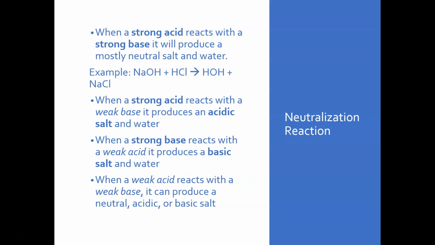When a strong base reacts with a weak acid, it's going to produce a basic salt, meaning your resulting solution is still going to be basic. And when a weak acid reacts with a weak base, it can produce a neutral, acidic, or basic salt. It really depends on the specific acid and base that are being reacted with each other. So they're a little unpredictable.